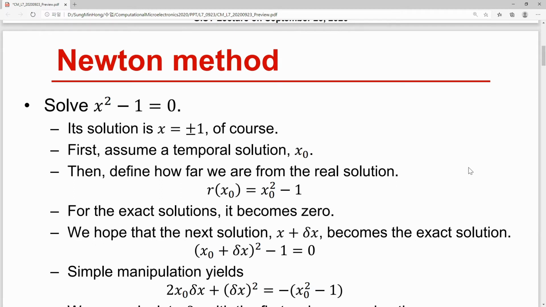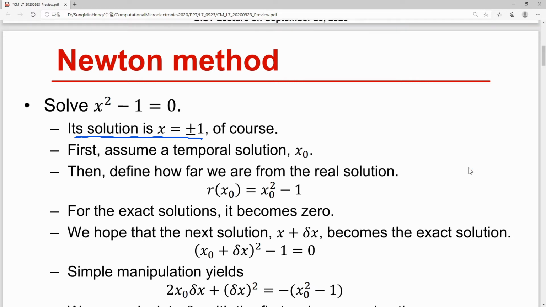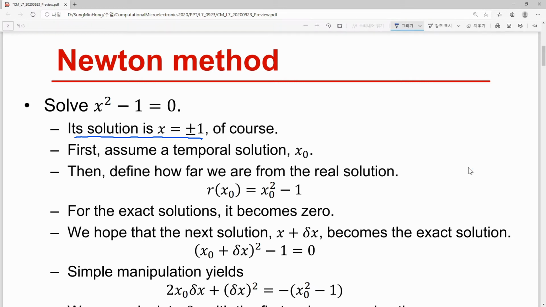Then how can we do that? The solution is quite simple to a human, but our aim is to find a way which is accessible to our computer. So instead of following a certain solution procedure due to certain human intelligence, we just arbitrarily assume a temporal solution x naught.